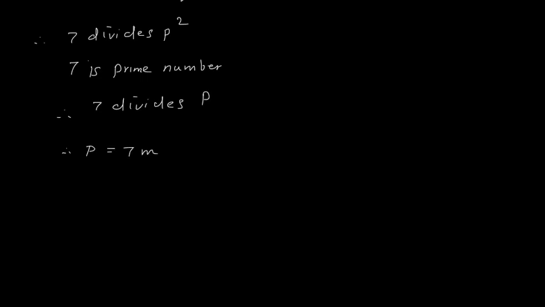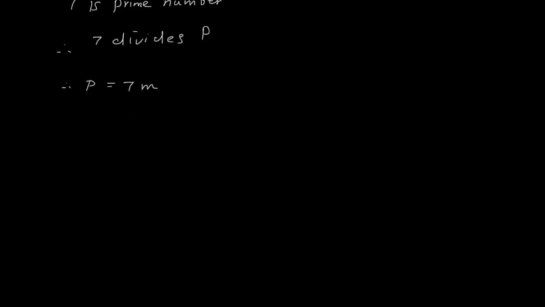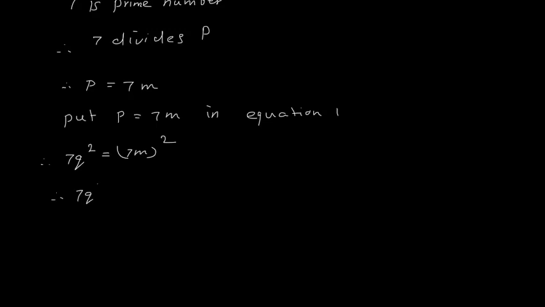Now I will put this p equal to 7m in equation 1. So we will get 7q square is equal to 7m the whole square. Therefore I will get 7q square is equal to 49m square. Therefore I will get q square is equal to 7m square.